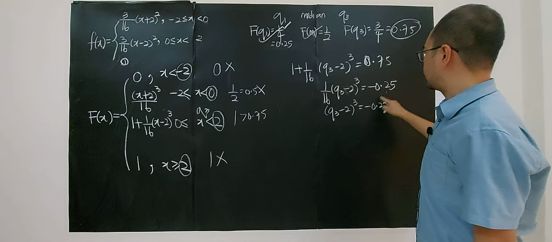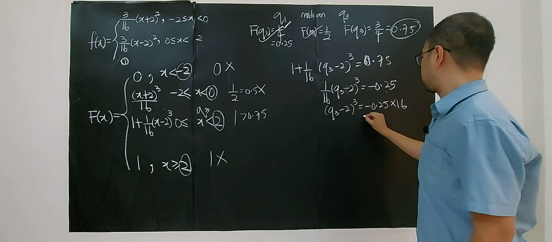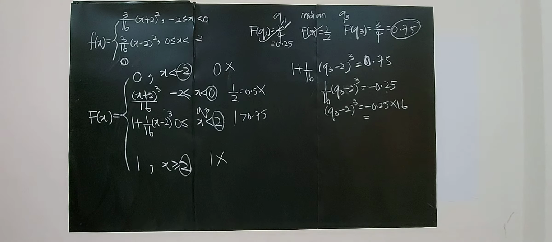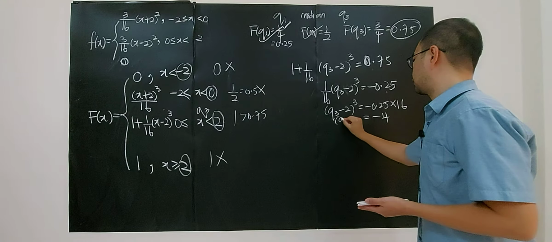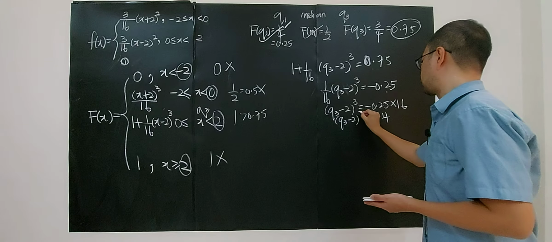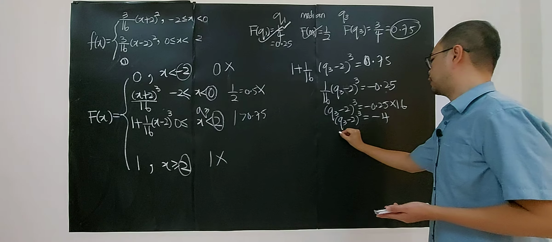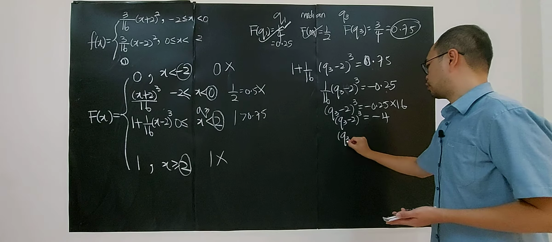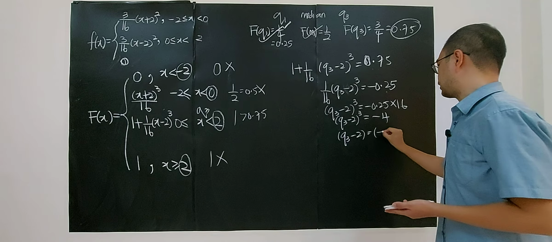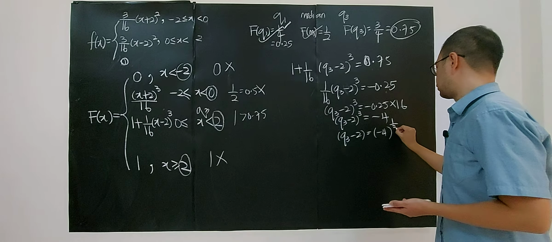Then the 16 goes over there, multiply with 16. So let's calculate the value. Okay, I'm getting negative 4, right? So it means that (Q3 minus 2)^3 is negative 4. And the cube root of negative 4 is negative 4 to the power of 1 over 3, right?